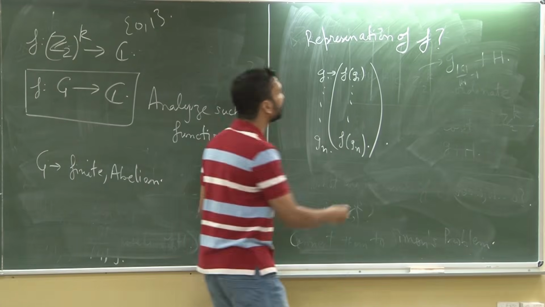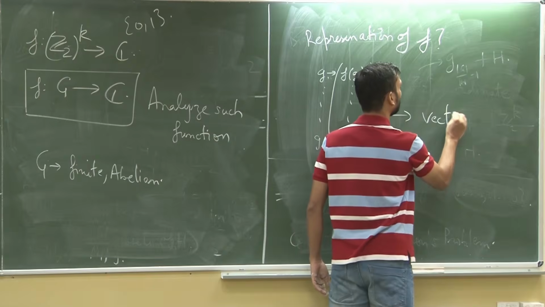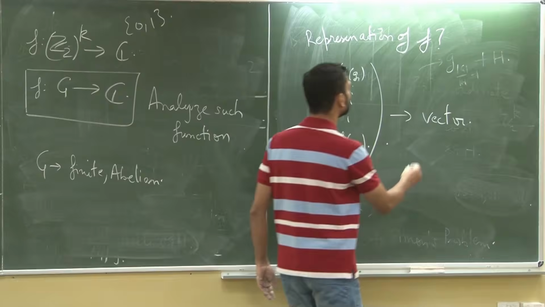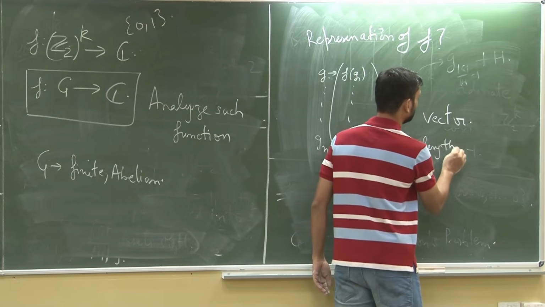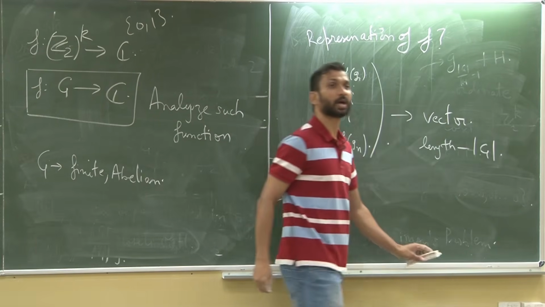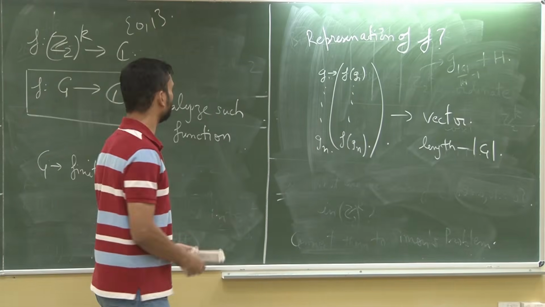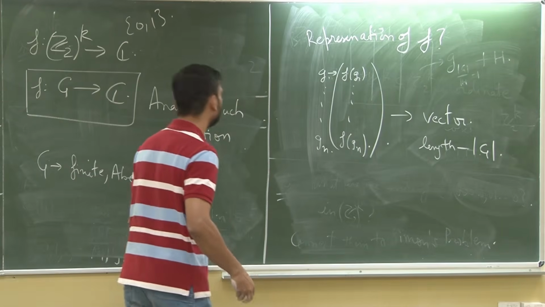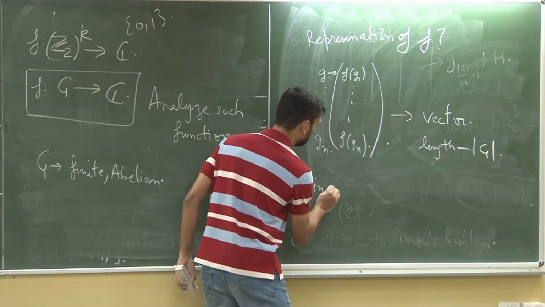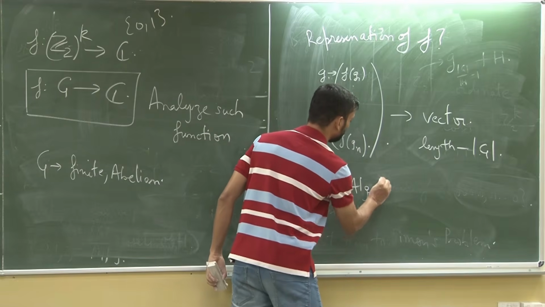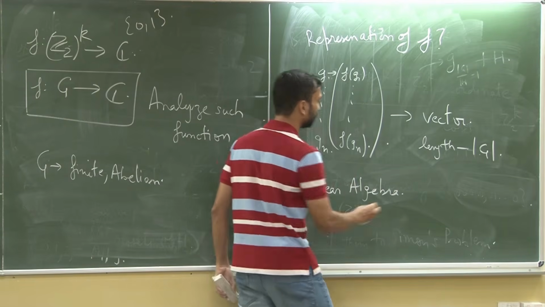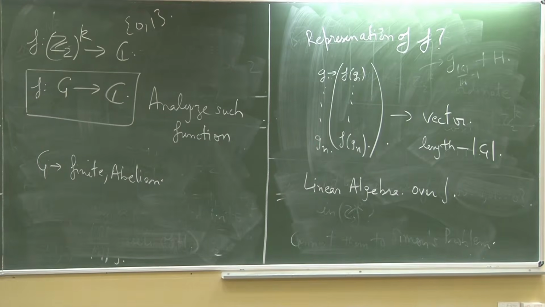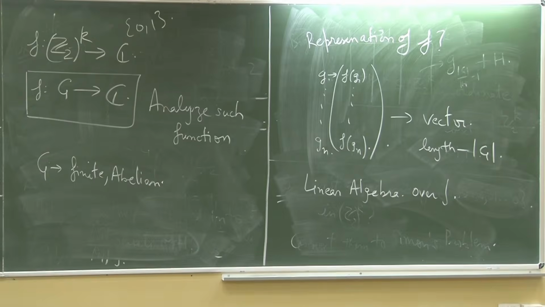So I have given my function as a vector to you, where the length of the vector is the cardinality of G. And I can keep my functions like this, analyze addition of functions and things like that. I can try to do linear algebra over F, because I can add functions, multiply them by constants.